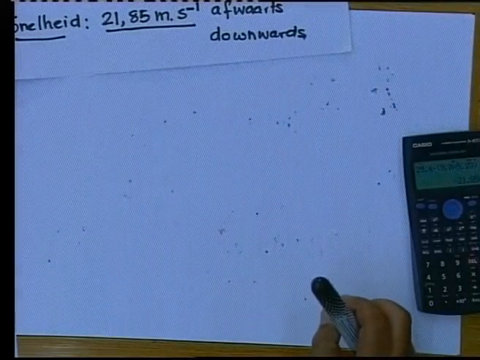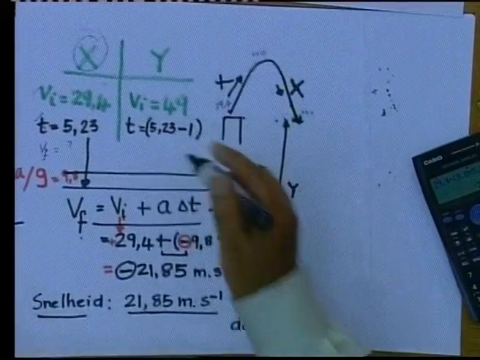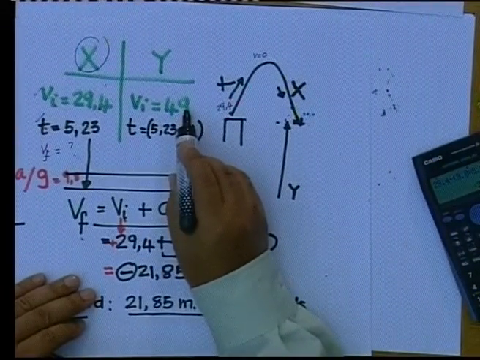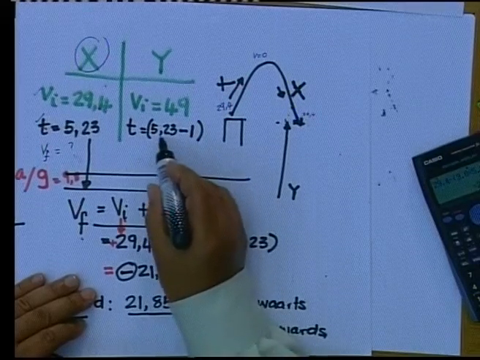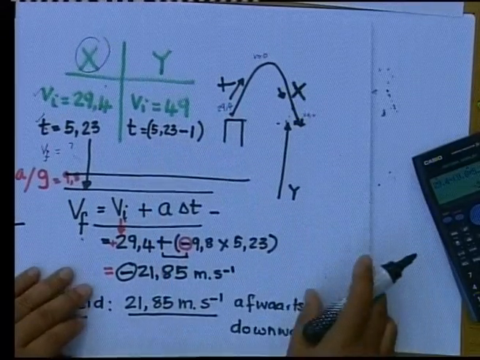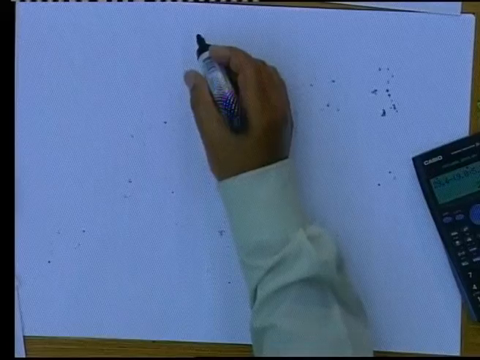So let's get down then to the velocity of Y. Let's, on the whiteboard, look at what we have so far. So far, just to remind you, we have the initial velocity of 49 and the time is 5,23 minus 1. So I will just rewrite everything down here again.